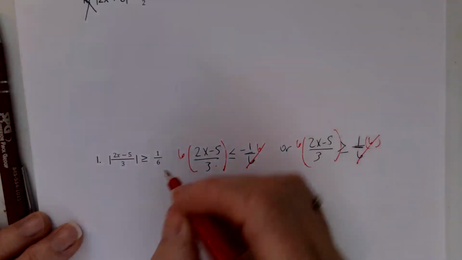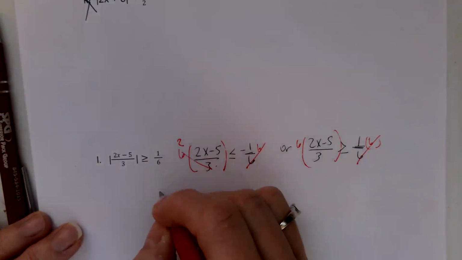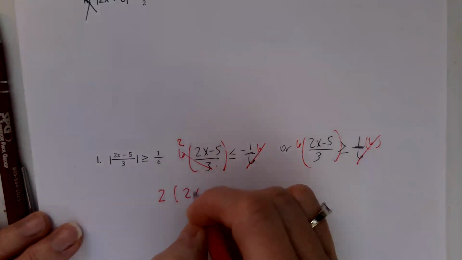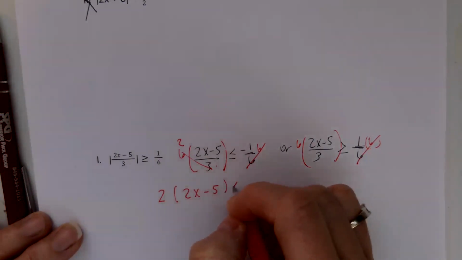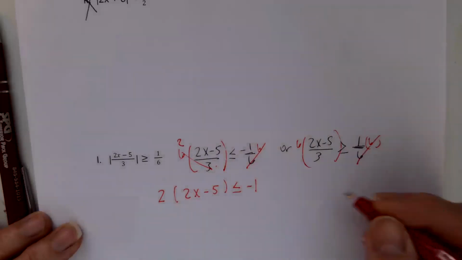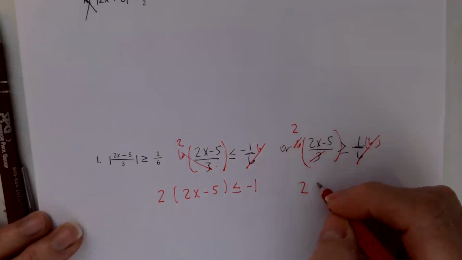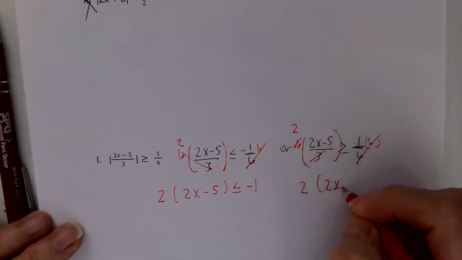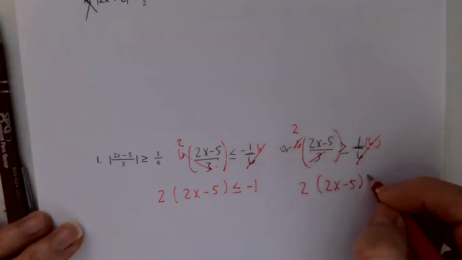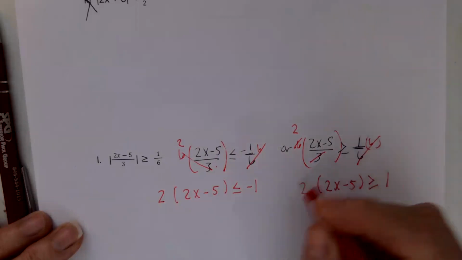So 3 goes into 6 2 times. So I have 2 times 2x minus 5 is less than or equal to a negative 1. And 3 goes into 6 2 times. So then I have 2 times 2x minus 5 is greater than or equal to a positive 1.